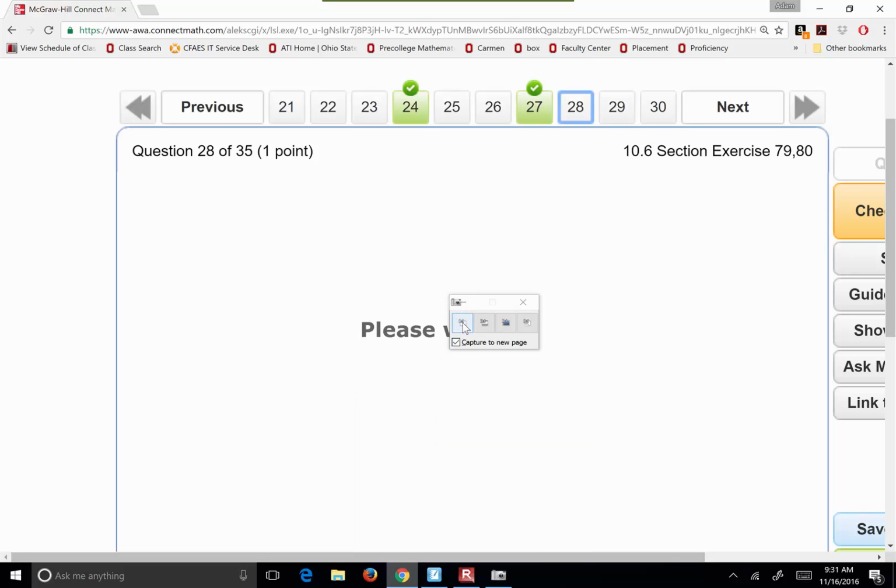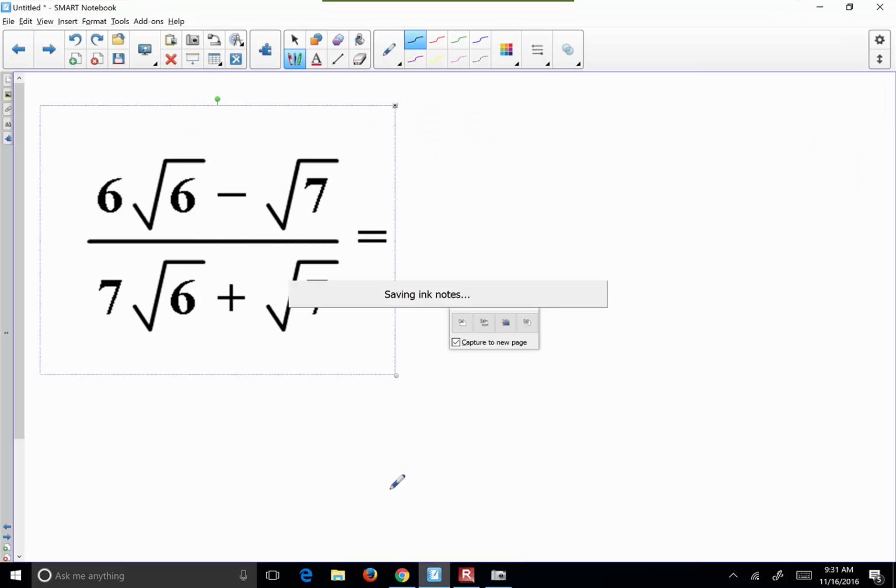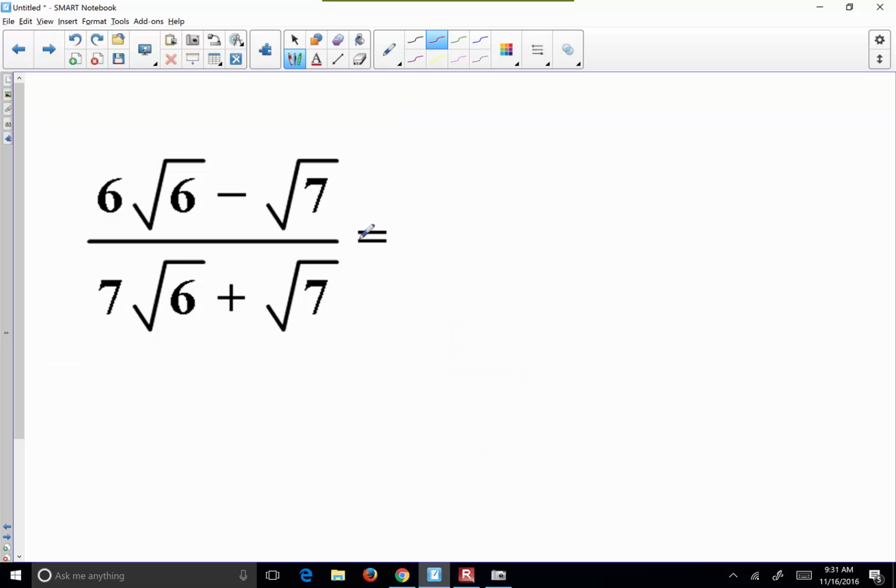Alright, 28 is similar. It's just a little bit more work. This time we will multiply top and bottom with, so let's put everything in parentheses first. I see two terms. What do you want to multiply both sides with?